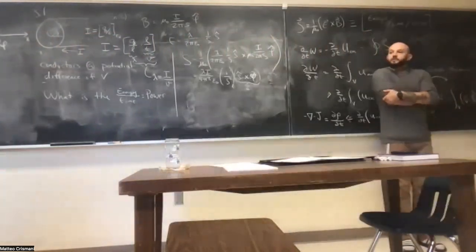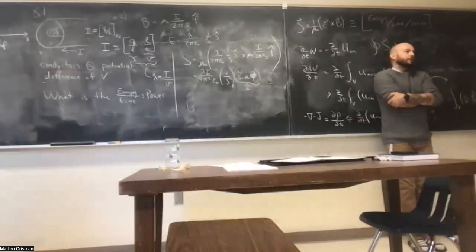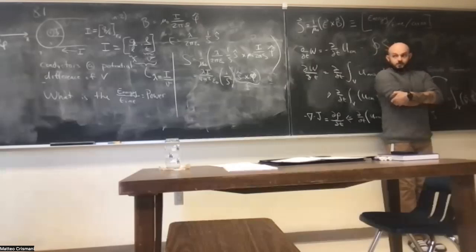So let's think about what we physically mean here. The question we're asking is how much energy or how much power is transported by this configuration. So which direction is the power? It's in the Z. Okay, so we would want the flux to be perpendicular to what surface? The circle, like the cross section of the cylinder.